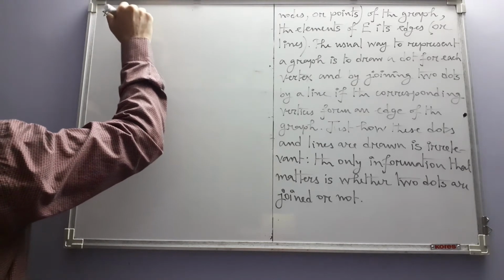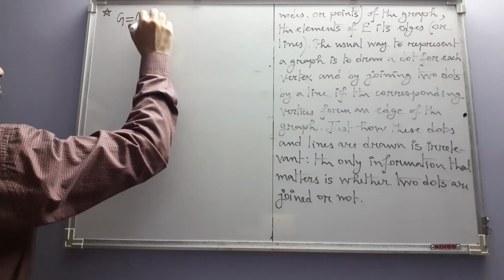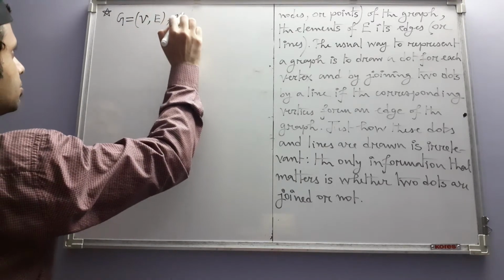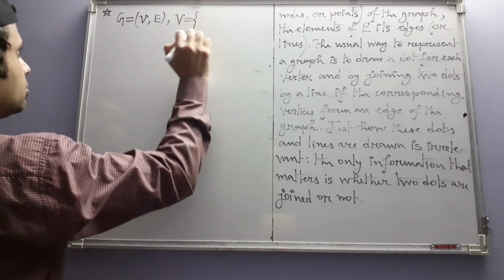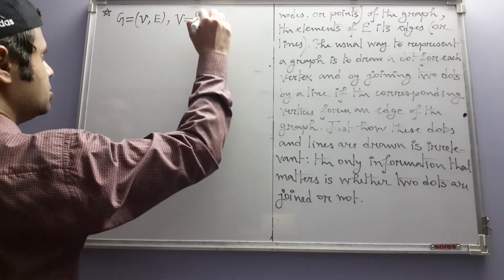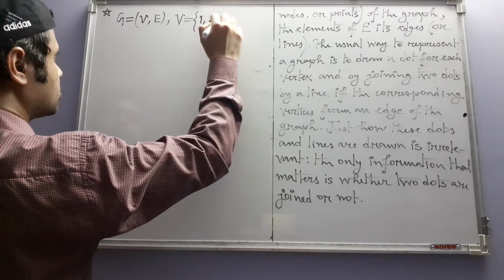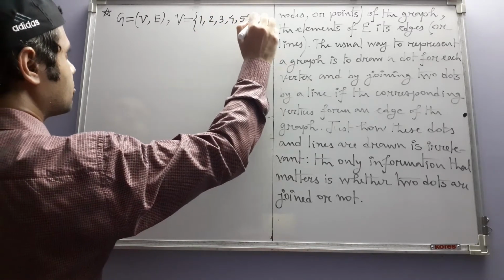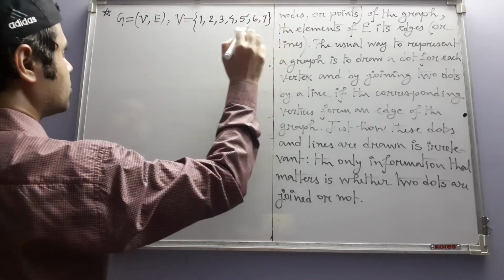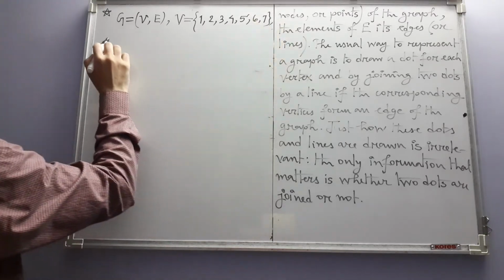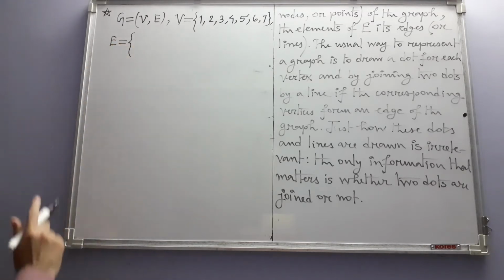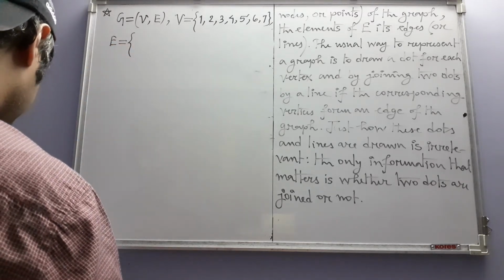Say G is equal to (phi, E), where phi has these objects and E has these objects.